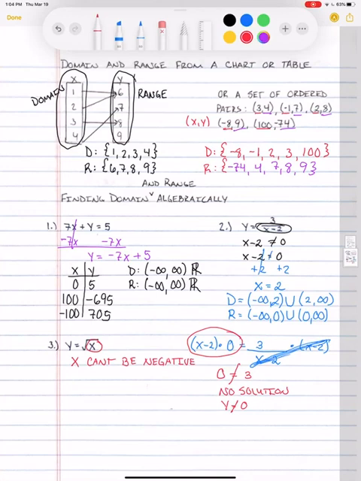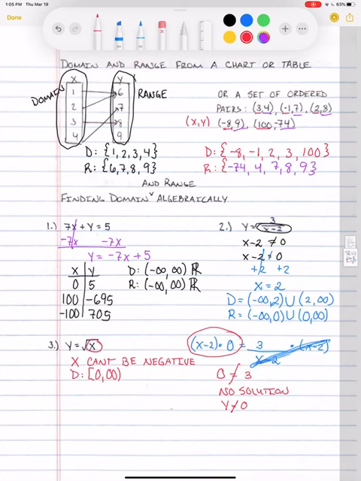So for our domain, since it can't be negative, it's anything that is from 0 and beyond. And I can take the square root of 0. It is 0, so I'm going to include 0 in that. My domain is going to start at 0 and go to positive infinity.